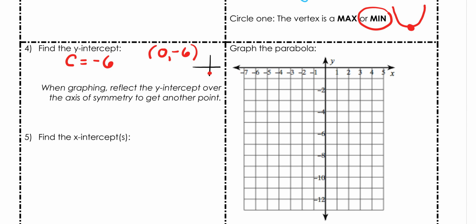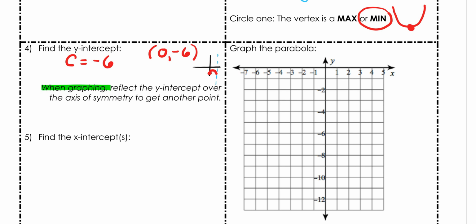Now, here's a little note that I want you to notice. When graphing, after we have our y-intercept, we can reflect the y-intercept over the axis of symmetry to get another point. So the fact that we have this y-intercept and that we have our axis of symmetry already, as soon as I have those two things graphed, so imagine this is where our axis of symmetry is, we can reflect that point over the axis of symmetry.